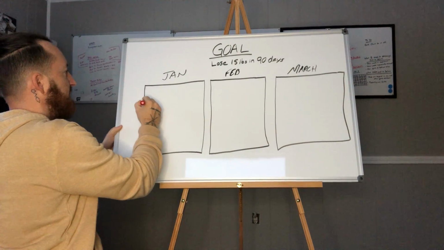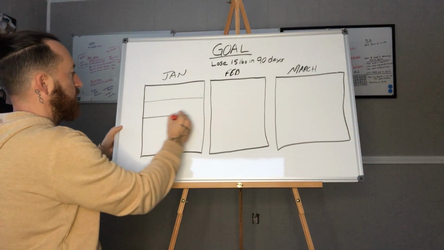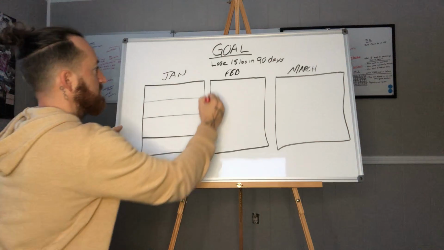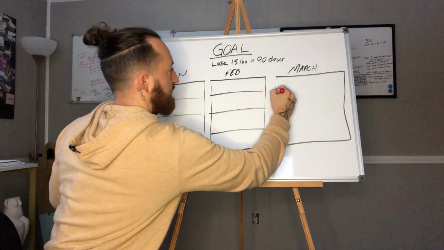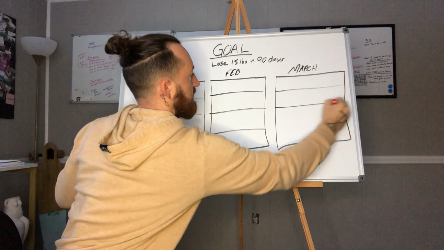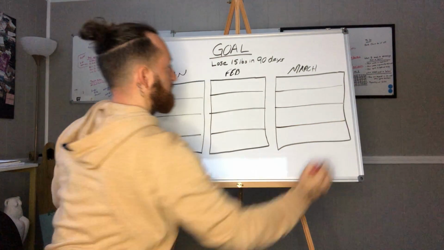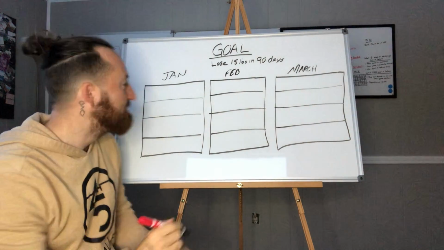So if we break this down into 4 weeks, right? Say these are the months. Hopefully I don't have to spell too much on here either. You guys will think I'm really intelligent until I start spelling stuff.